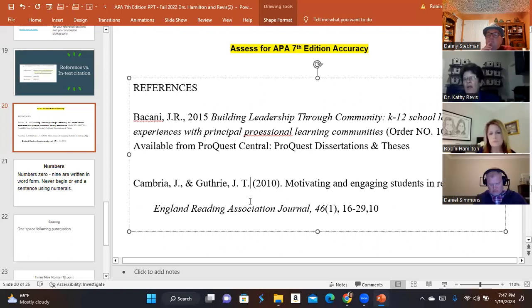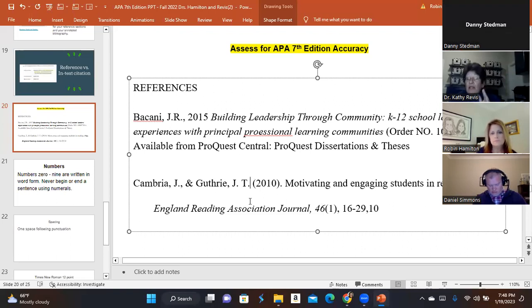And guys, I will also say, the main thing that I look for here, just me personally, is I want to see it double spaced. I want to see a hanging indent. I want it in alphabetical order. I want author, date. I want to see the title of the article, and I will nail you if you capitalize all those words.